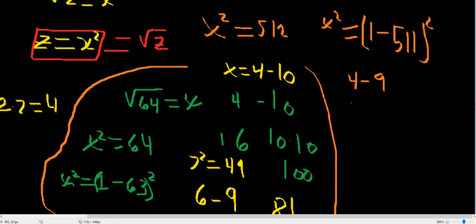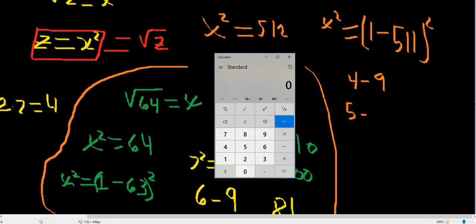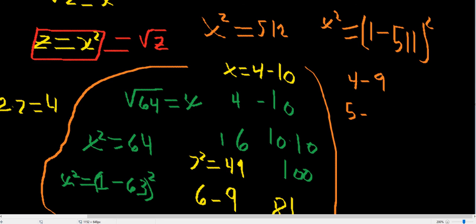So 5 through, we'd go down to 8 times 8 times 8, which equals 512. 8 cubed is the answer.